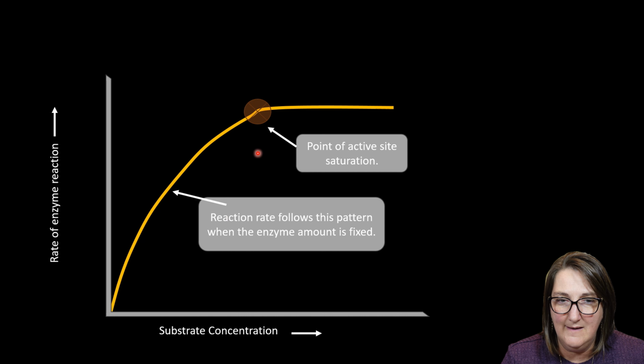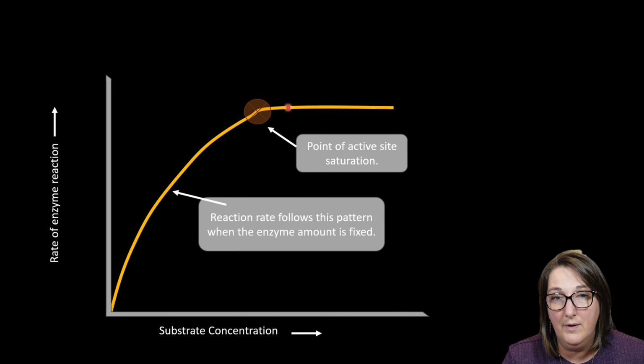When I get to this point right here, this is the amount of substrate at which I can't make the enzymes react any faster. If I add more substrate, it's not going to make my enzymes react any quicker. These 100 enzymes can only react with so much substrate at one time. And this is the point where I will not be able to increase my reaction rate.